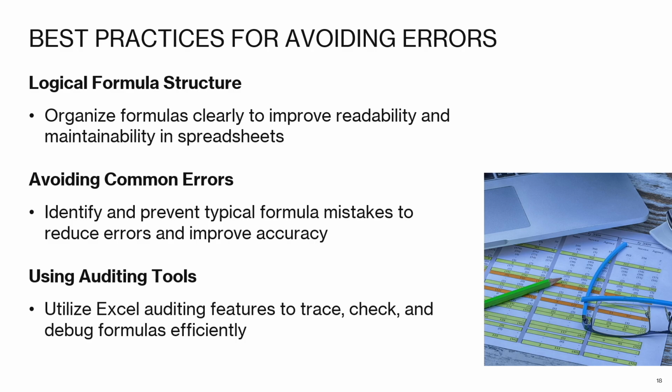There are some Excel auditing features that might help you check and debug formulas efficiently. So we will take a look at those in a later chapter when we examine some of the different ways of evaluating whether there are errors in your worksheets.